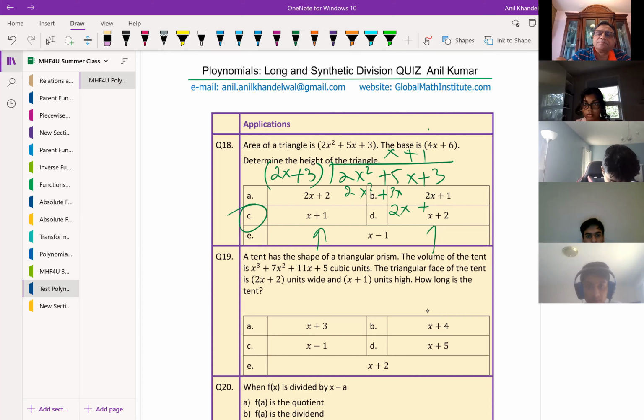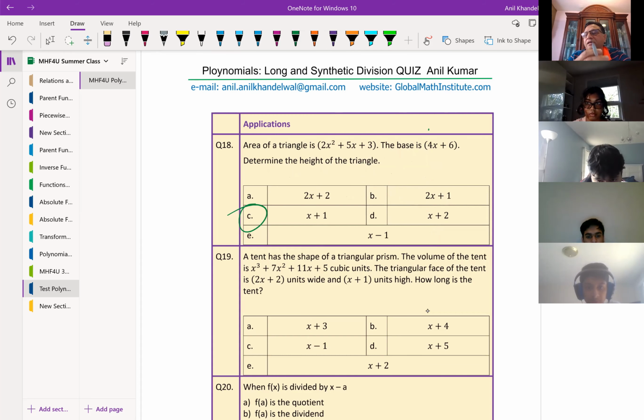Correct. So that becomes the right answer, and that is how you'll do it. You can perform synthetic division or long division as you wish, right? You will get x plus 1 as your right answer.